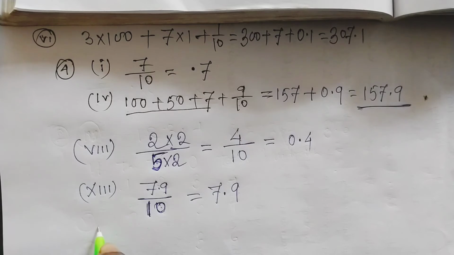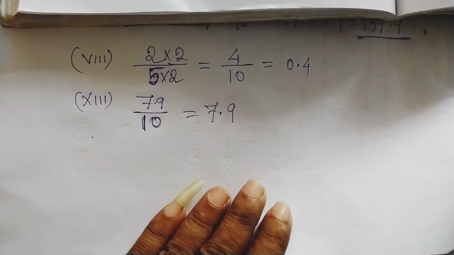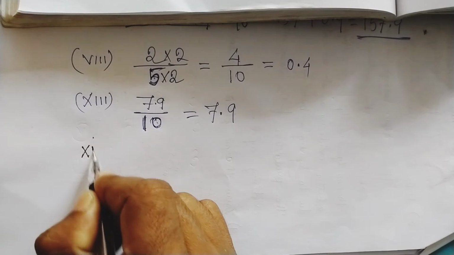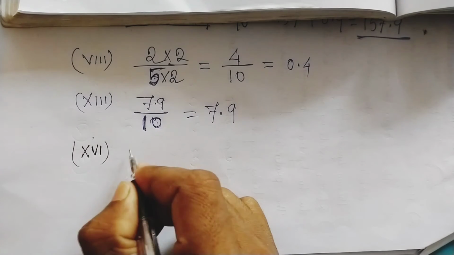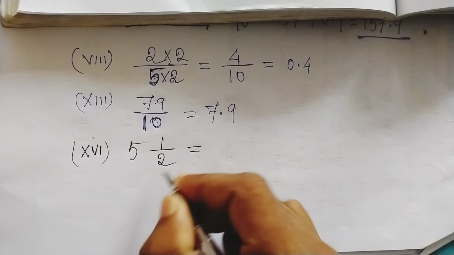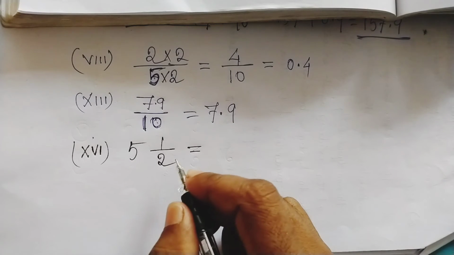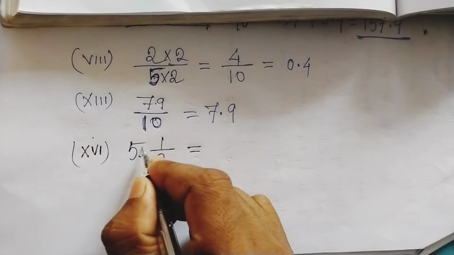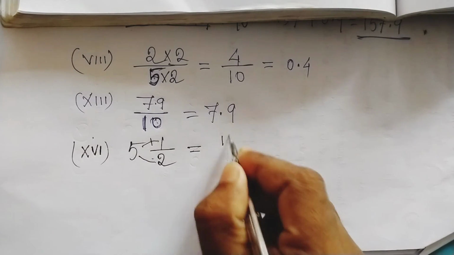Question number 16, here XVI. Here is the given question: 5 whole 1 by 2. That means you have to at first convert this mixed fraction into an improper fraction. So 5 2s are 10. 10 plus 1, 11 by 2.